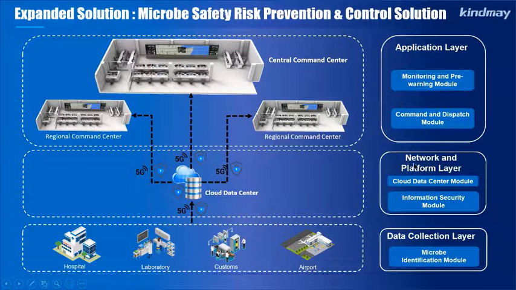This is the network and platform layer. The microorganism test result information will be uploaded to the data center directly and automatically. This is very important. As you know, 2 years ago, COVID-19 broke out in China.